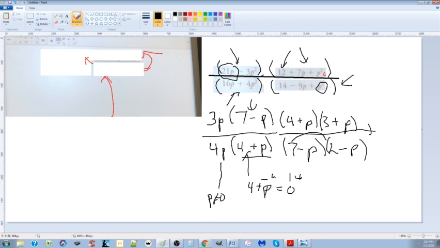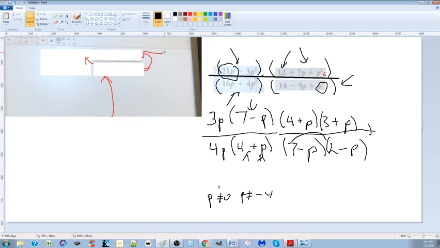P would have to be minus 4, because 4 plus minus 4 is 0. If you want to do it equation-wise, we move the 4 to the other side. P being minus 4 would make this equation 0. So we know that p cannot be minus 4. Still logical, still works in our head. So again, p cannot be 0, and now we see that p cannot be minus 4. If it were, this whole parentheses would be 0.